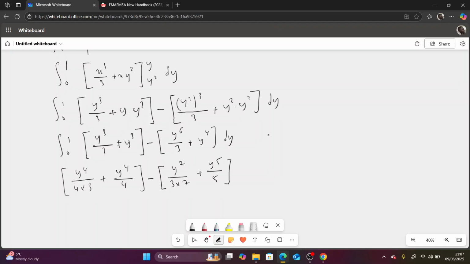If you don't remember, integration of, let's say, x to the power n, it is simply x to the n plus 1 over n plus 1. So the power goes plus 1 divided by n plus 1.